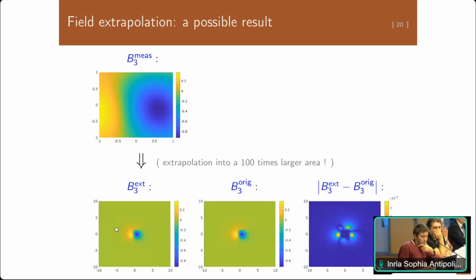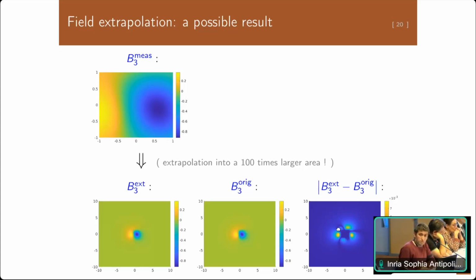Here the extrapolated field is on the rectangle minus 10 to 10, which is 100 times larger. And this is the original field, which was produced by the same synthetic magnetization. The difference is extremely small, a couple of percent, with error localized in some small areas.